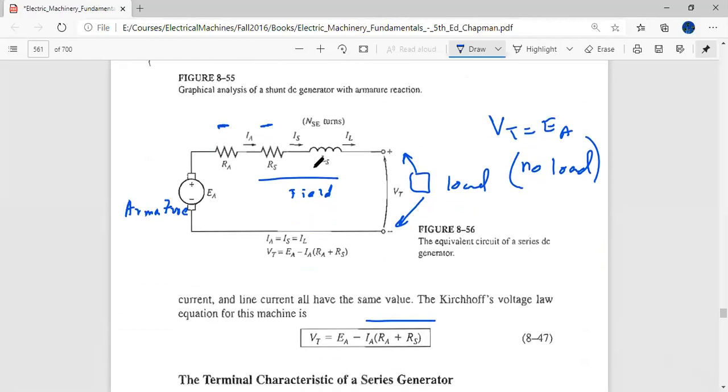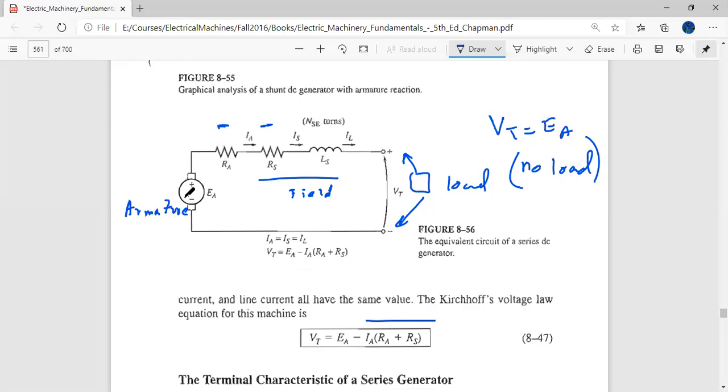In the series DC generator, the field, this part is the field, is in series with the armature. Again, the armature is the one which is producing the primary EMF in a generator. And after some reduction because of these drops in the armature resistance and field resistance, the net voltage reaching the load is called VT.